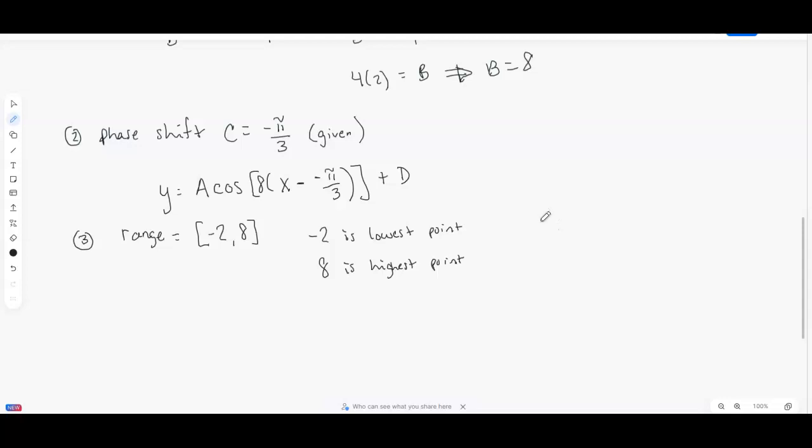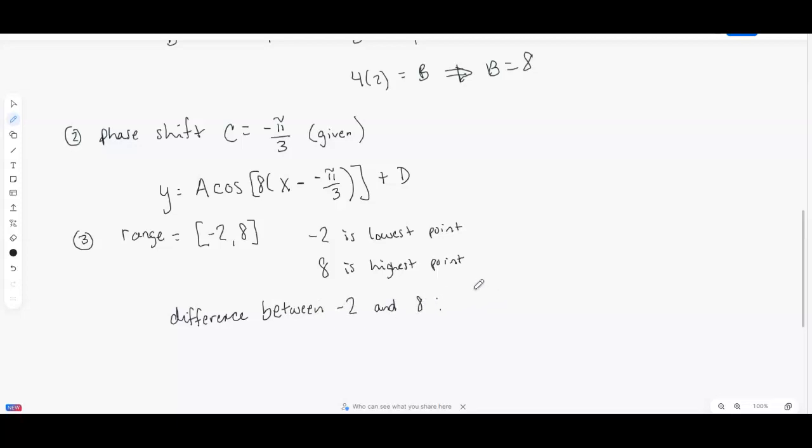So we want to first look at the difference between negative 2 and 8.